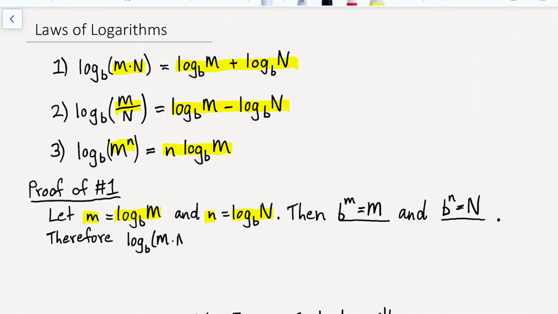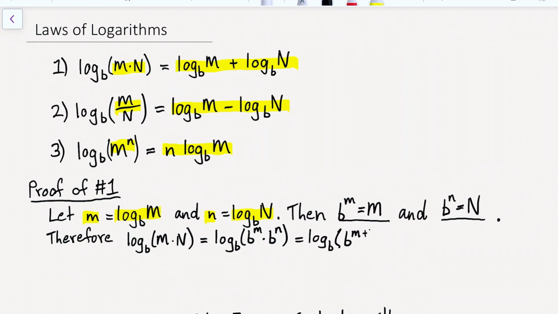So let's consider log b of m times n. I'm going to replace each of these with the exponent b to the little m and b to the little n from our earlier equality. Well, think about how exponents with the same base combine through multiplication.